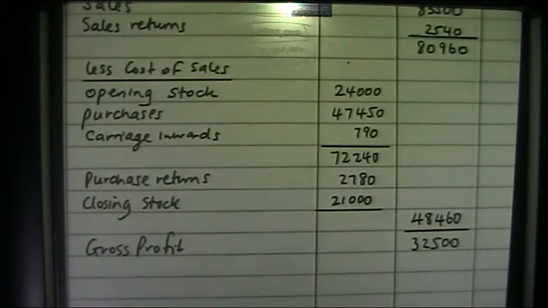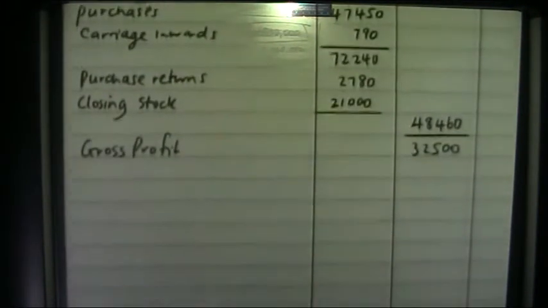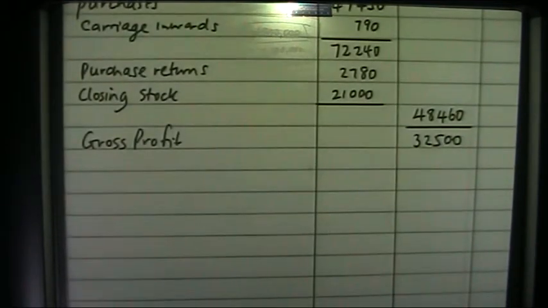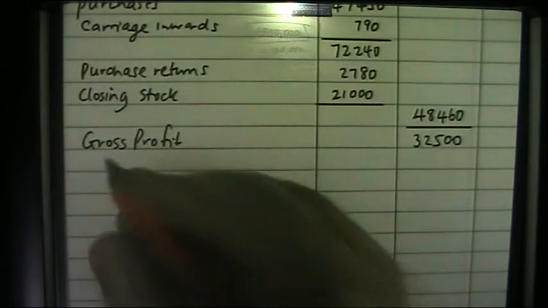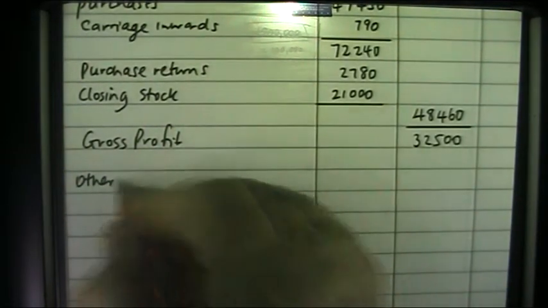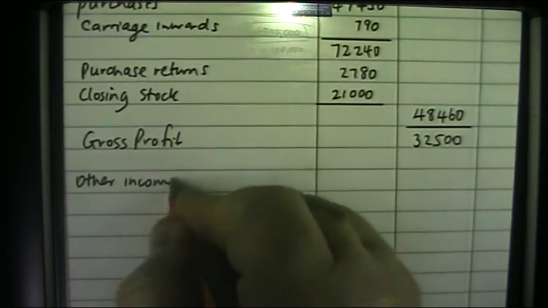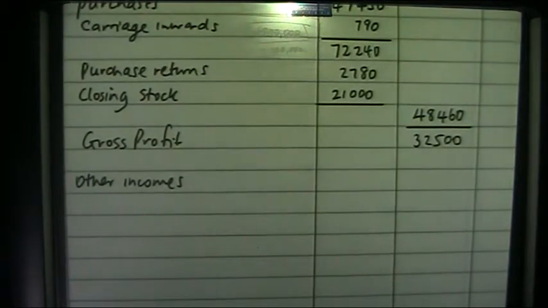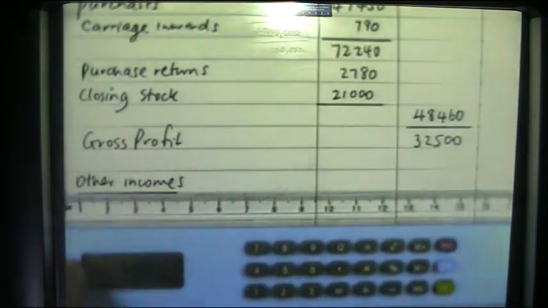All right, now to that we want to add our other income. Now you can do your other income after your expenses, but it just makes sense to put it in now. Either way, you won't be marked down. So I had two other incomes, so I'm going to do myself a little heading. Other incomes. Let me underline that.